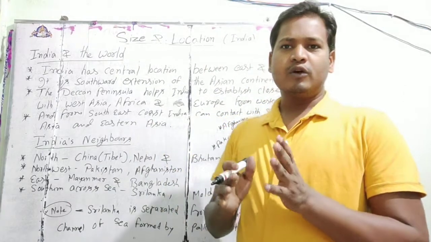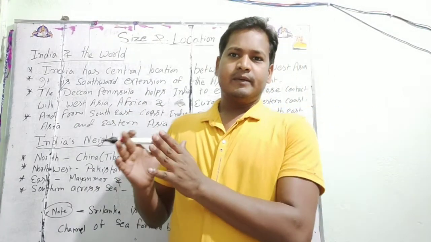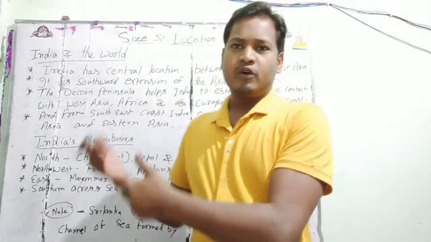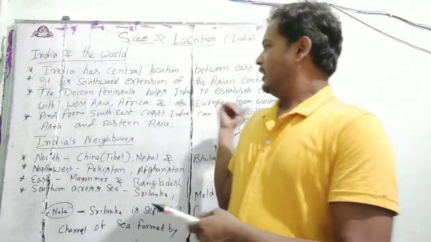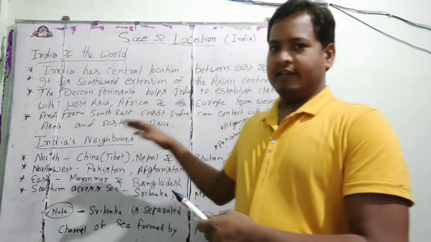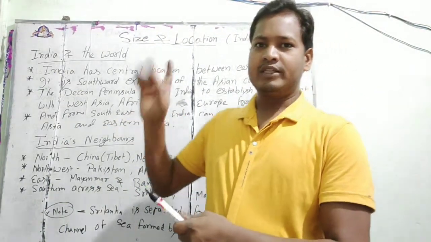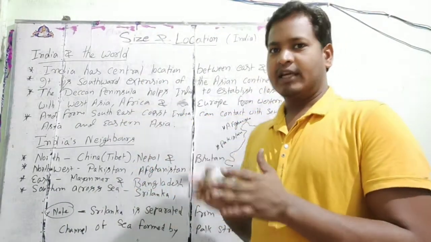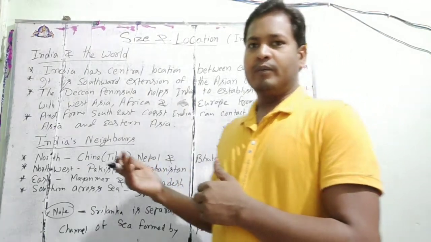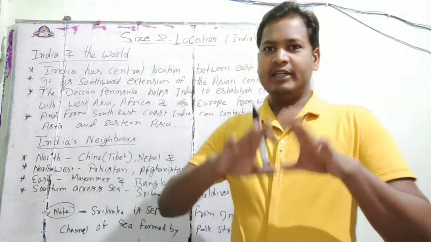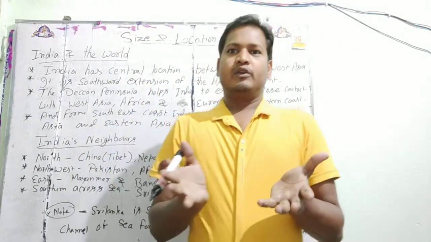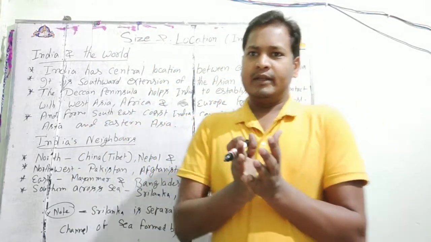That means through its eastern coast, India can contact Southeast Asia and Eastern Asia, and through the western coast, India can contact Africa, Europe, and Western Asia, etc. That means India is connected to the whole world.